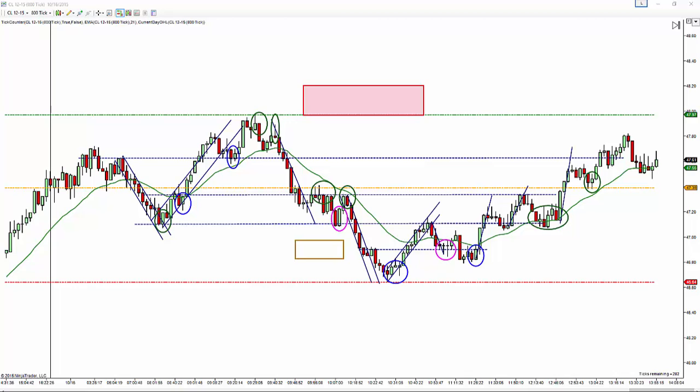It does have a volume element, but because it doesn't have a specific volume countdown as far as individual contracts are concerned, the time can be an issue. And I'll talk a little bit about that. Hopefully it isn't too confusing. I'll try to make it as simple as possible and how that relates to whether or not you take a trade in certain areas.